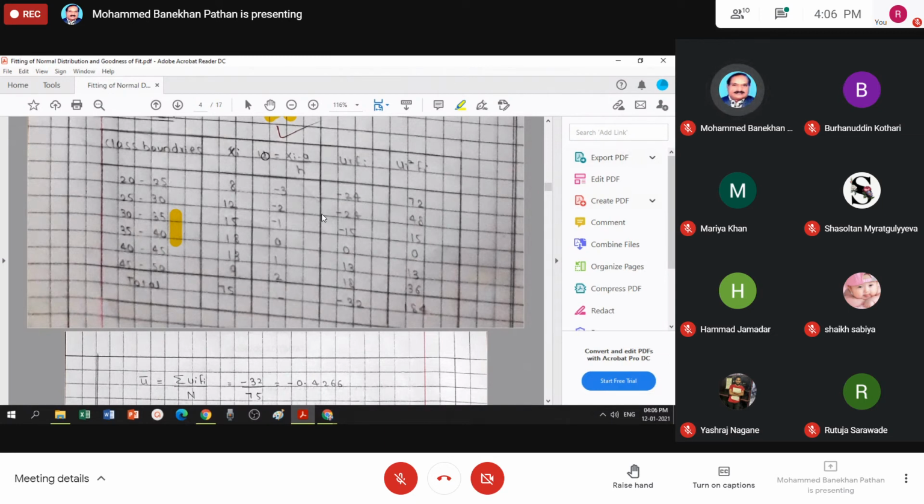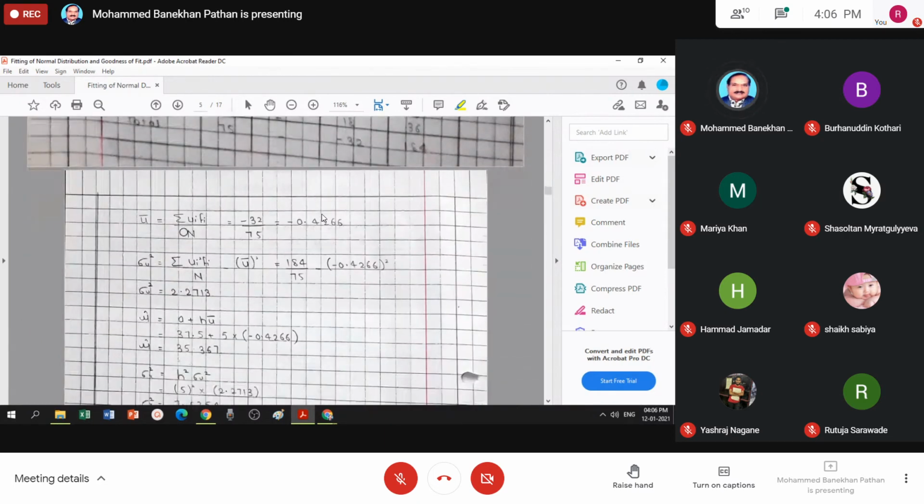After getting ui, ui multiplied by fi. This multiplied by this. Then ui squared fi, that is ui fi multiplied again by ui. That becomes 72. So this is your first table for estimation of parameters.